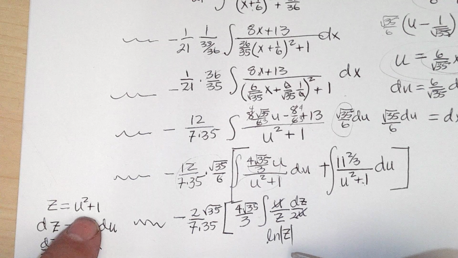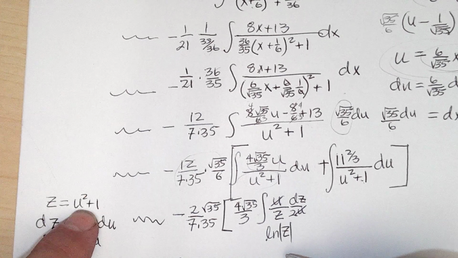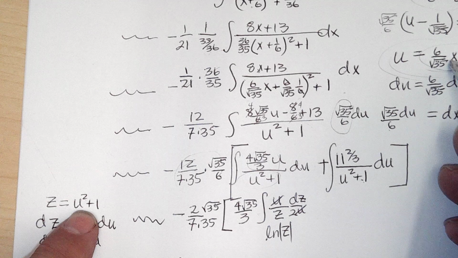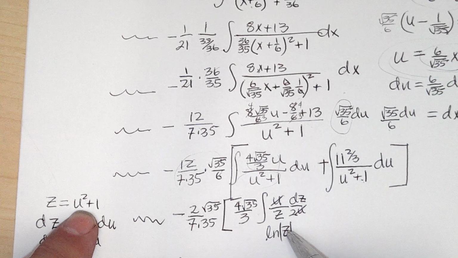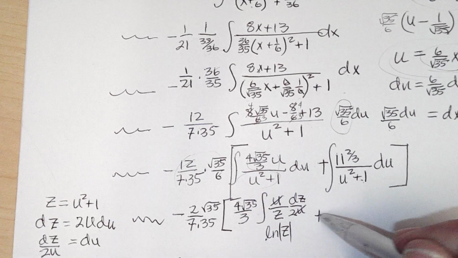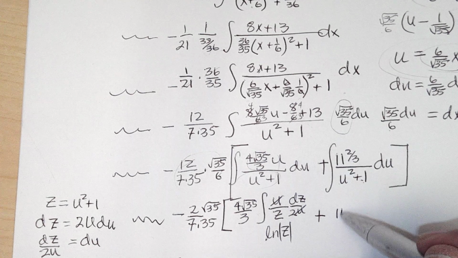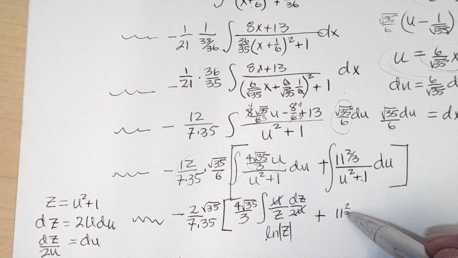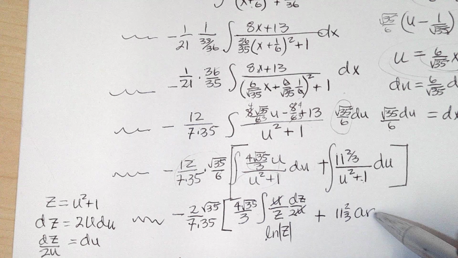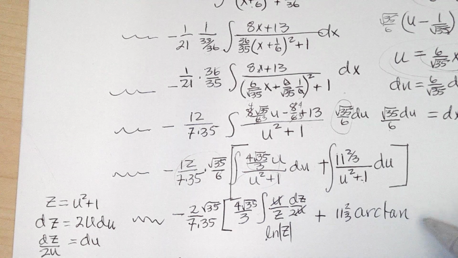And z is this, and u in that is that. So I got to clear back to there. I want to finish this up. Plus, this is 11 and 2/3 arctangent u.